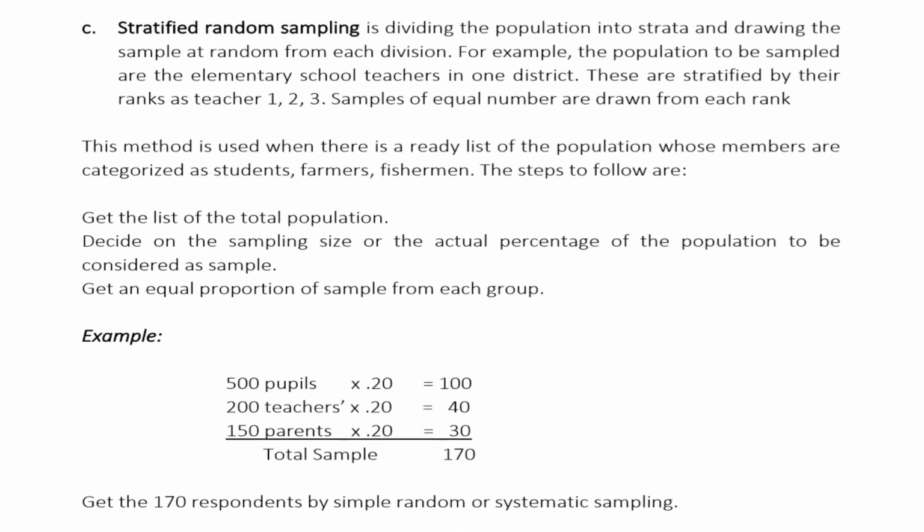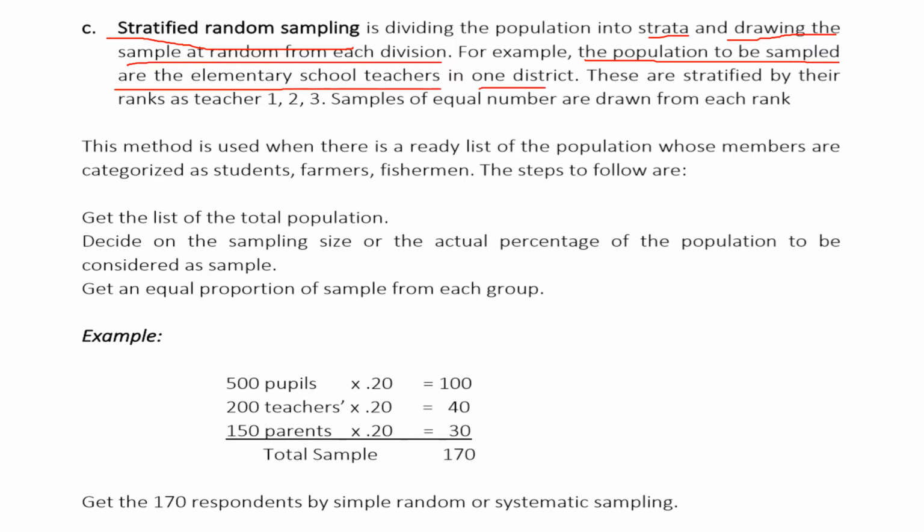So our next sampling technique is stratified random sampling, which is dividing the population into strata and drawing the sample at random from each division. For example, the population to be sampled are the elementary school teachers in one district.